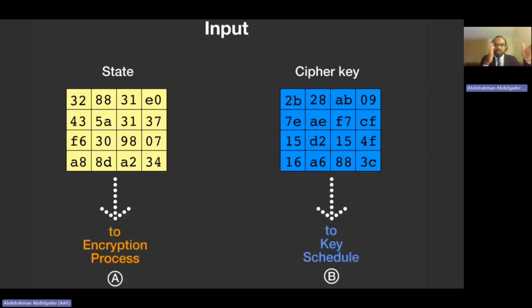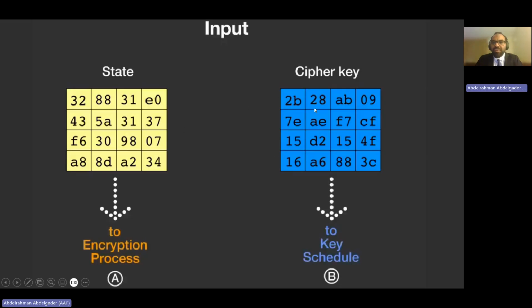That input is going to be divided into blocks of 16 bytes. Each block equals exactly 16 bytes. The first 16 bytes are going to be copied into the state matrix, just like this one. And that state matrix will go through the AES encryption, or the Rijndael encryption, to produce the corresponding ciphertext.